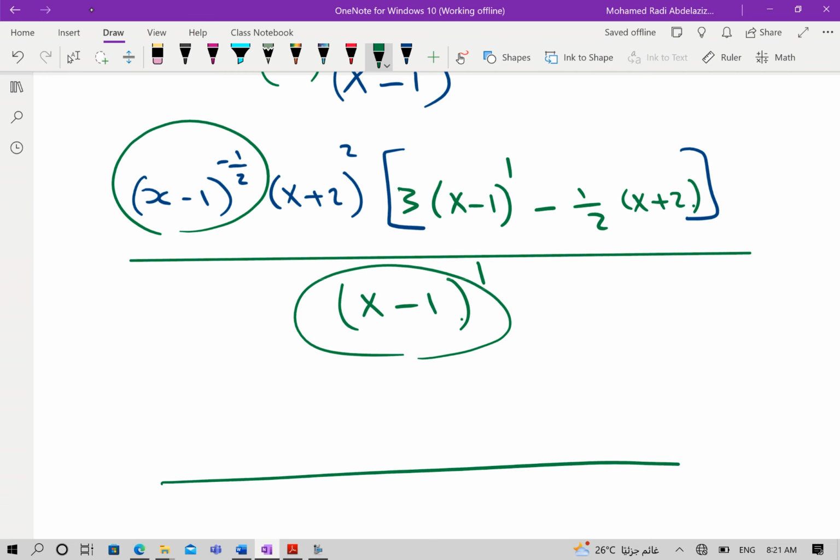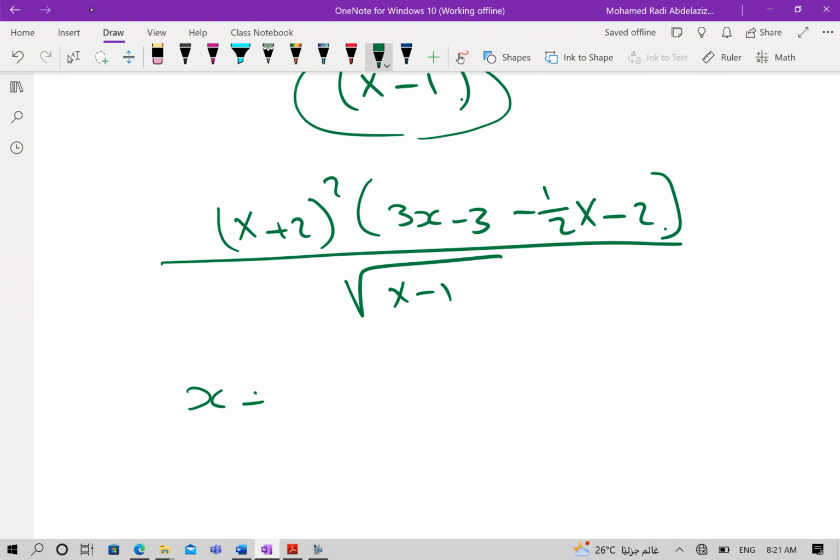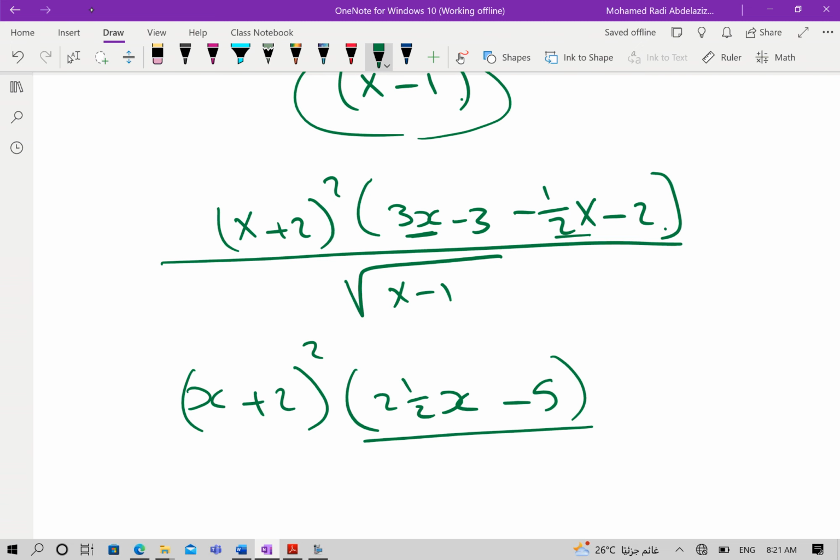So you can write it as square root of (x - 1) after removing this part, and write (x + 2) the whole squared and simplify 3x - 3 - half x - 2. So (x + 2) all squared multiplied by 3x minus half x will be 2.5x - 5, divided by square root of (x - 1).